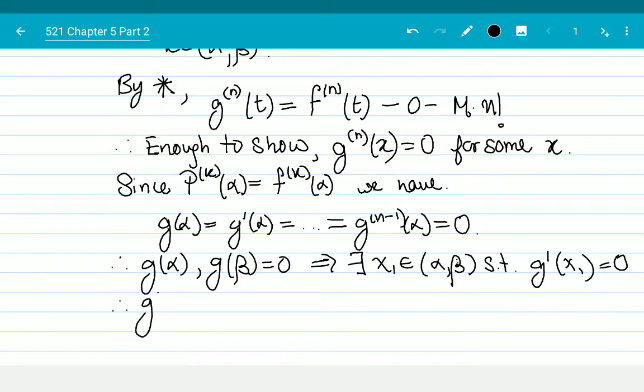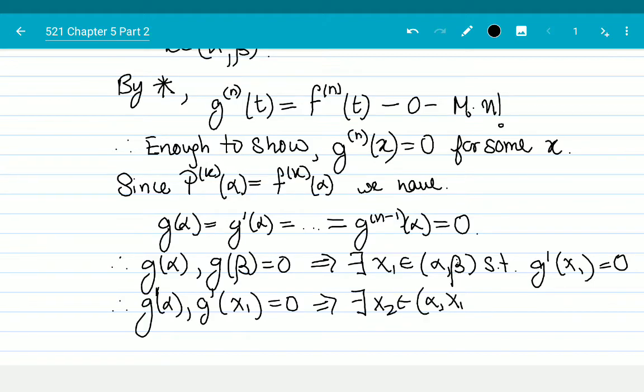Therefore, g'(alpha) and g'(x1) both equal to 0 implies there exists x2 in (alpha, x1) such that g''(x2) is equal to 0.